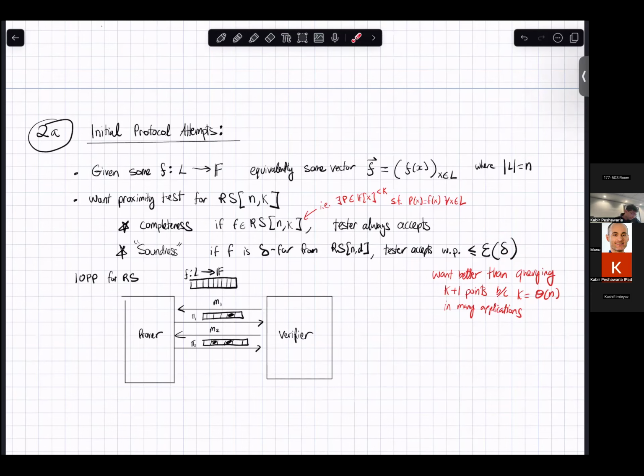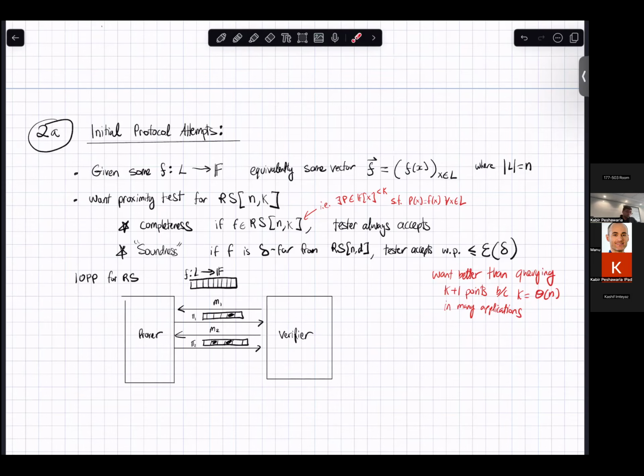And notably, we want something that's better than querying k plus 1 points. One way you could obviously do this: it's a degree at most k minus 1 polynomial, so you can query k plus 1 points, use the first k points to interpolate a polynomial, and then see if the k plus first point actually lies on that polynomial or not.